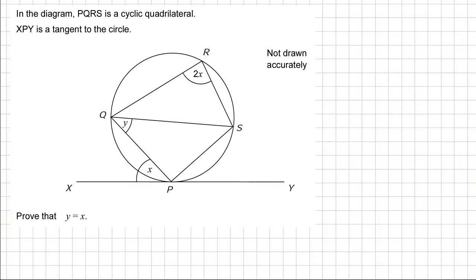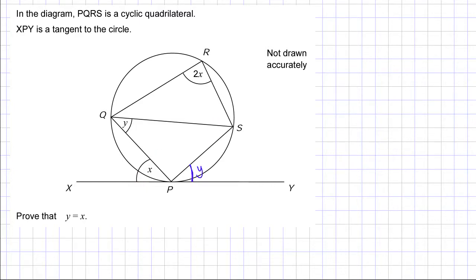So I'm going to start by writing some angles here maybe, but then I'd need to write these again when I'm writing my answer. So let's do that. I can see that this y here would equal this angle there because of the alternate segment theorem. So this angle here, I'll mark that, is equal to y. Also I can see that the x here will be equal to this angle there.